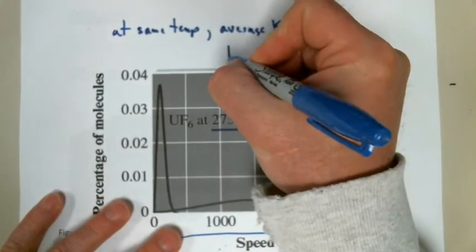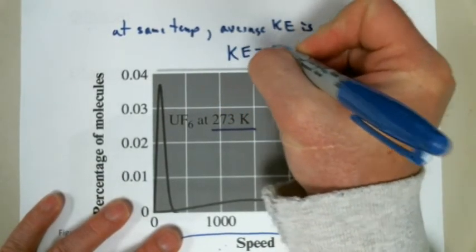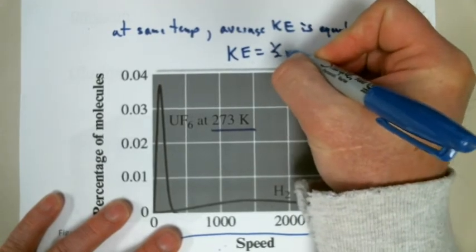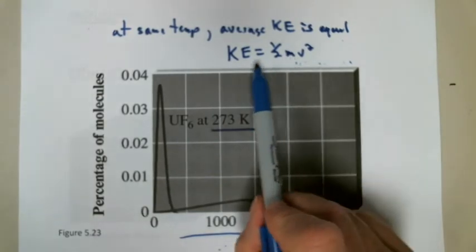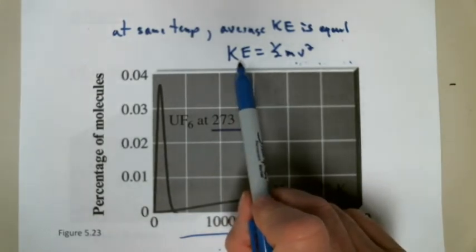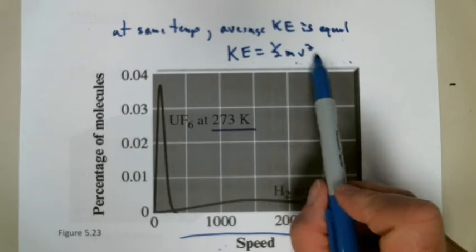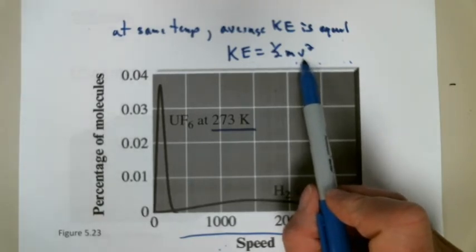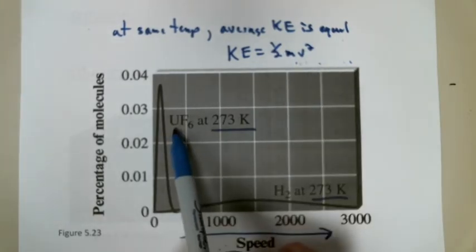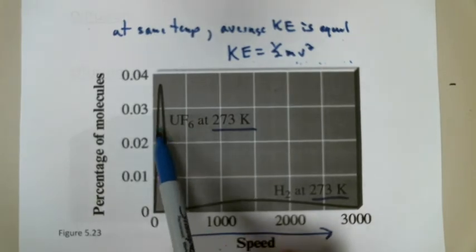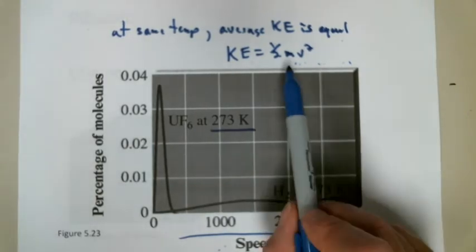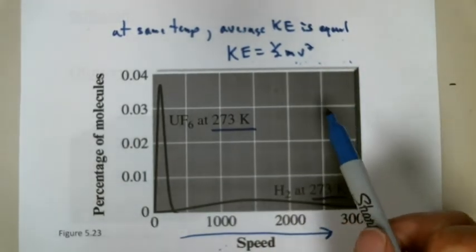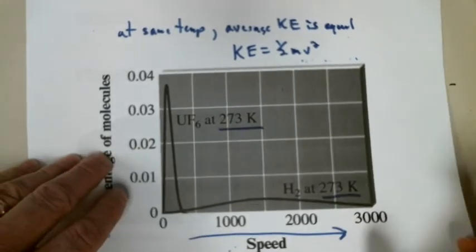And because of the kinetic energy equation, and you can hopefully just remember this, but you can also figure it out. If the average kinetic energy is equal, as the mass goes up, the velocity has to go down, right? So this heavy molecule UF6 is on average moving much, much slower than the hydrogen molecule. It's zipping around because it's so light. So light things move a lot faster. Okay.